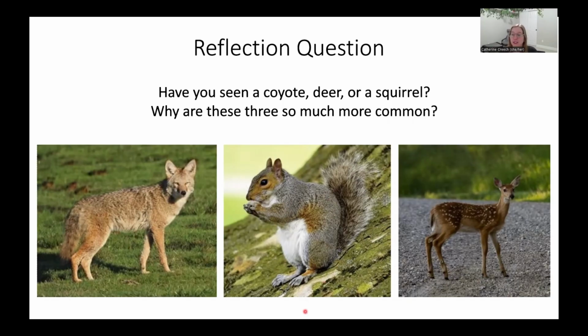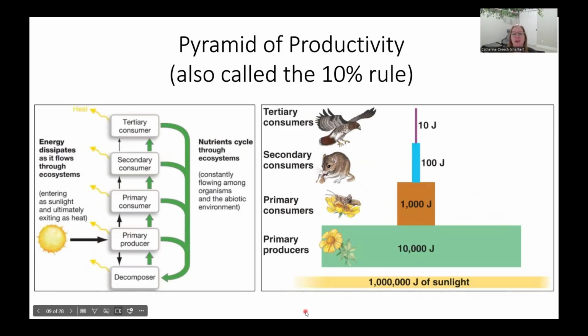And the reason their quantity in the ecosystem is different is based on this idea called the pyramid of productivity. We also call it the 10% rule. And it's this idea that of the sunlight that comes to Earth, only about 10% of it gets put into plants. And then of that energy that's in plants, only about 10% of it is available for primary consumers.